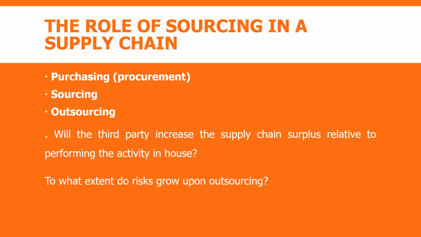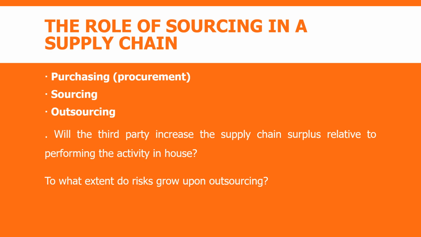Now when we do outsourcing, the supply chain activity should answer the following questions. Will the third party increase the supply chain surplus compared to performing the activity in-house? To what extent do risks grow upon outsourcing? We know that supply chain surplus is the difference between the value of a product for the customer and the total cost of all supply chain activities involved in bringing the product to the customer.